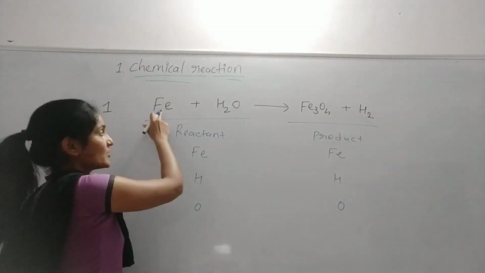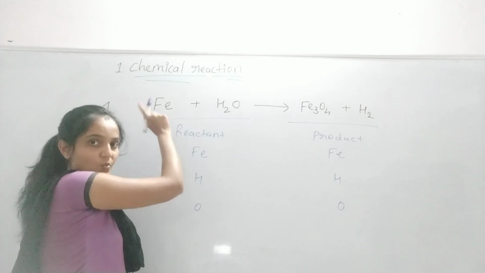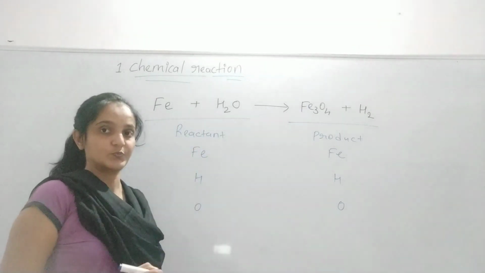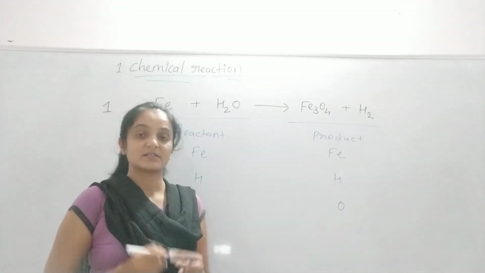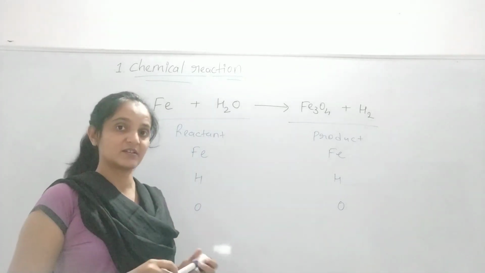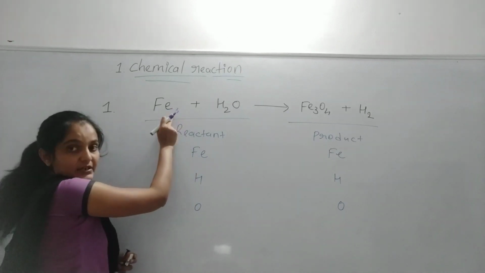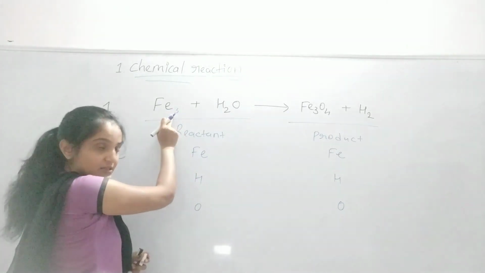Now see, the number of ferrous atoms in the reactant is 1 and the number of ferrous atoms in the product is 3. It means we have to first of all balance the ferrous. So as I told you, you cannot put here 3 in the form of a subscript, right?